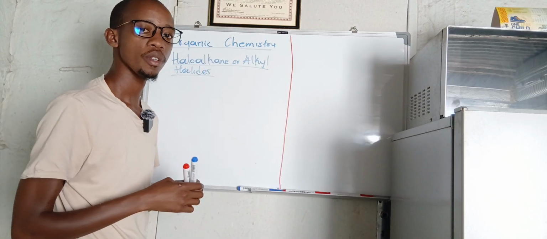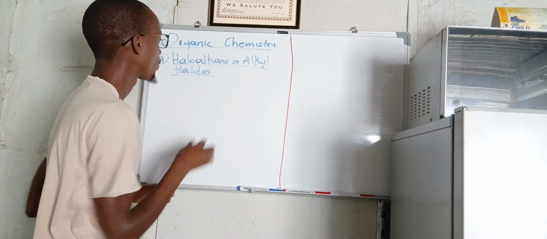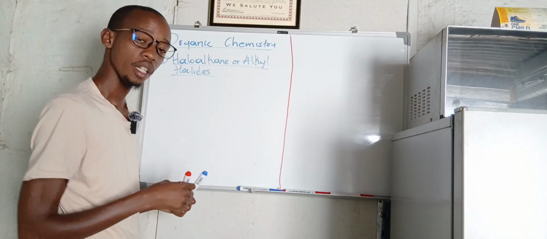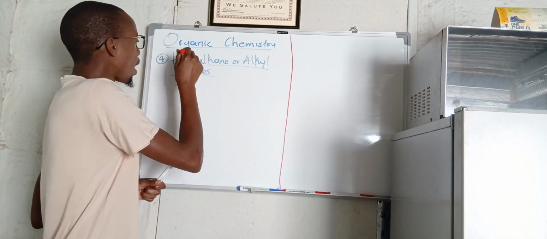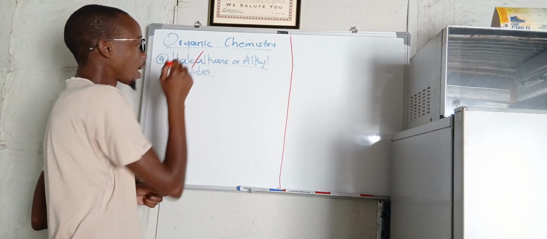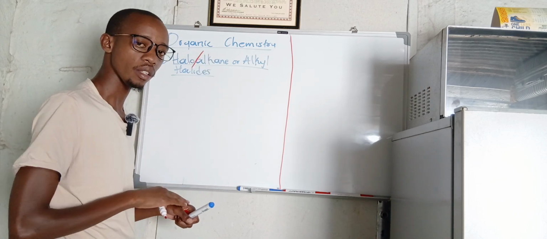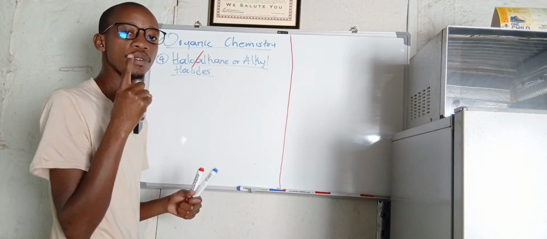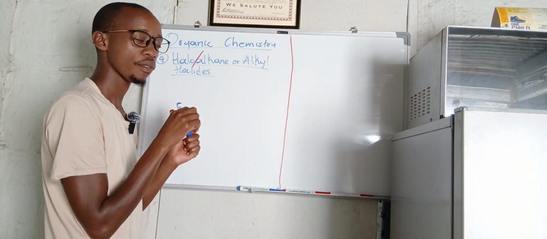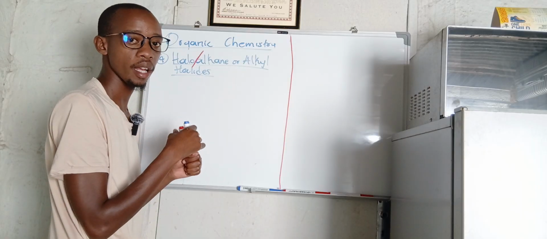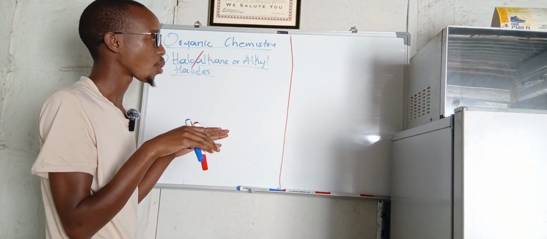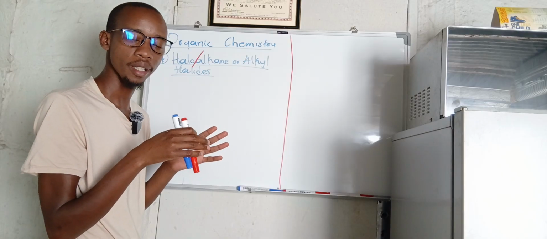I would like us to focus on the first name, not the or part. The haloalkane comprises 2 words, halo and alkane. Let's focus on the second part of the name, alkane. Where did we see it? As the first, whereby we have already unraveled it and saw that it has single bonds between carbon atoms.